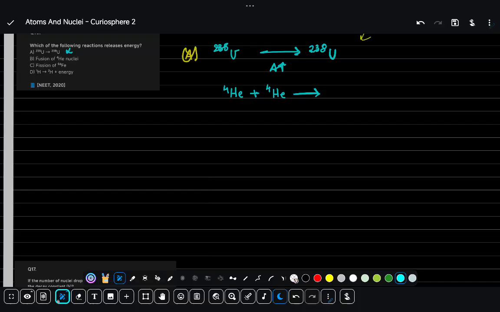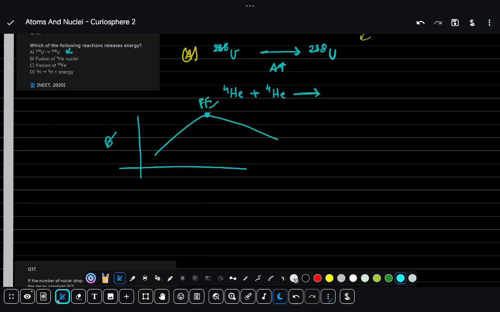Now, fission of Fe. You might think fission of Fe releases more energy because fission happens more readily, but no, not in the case of Fe. Do you know the binding energy chart? The binding energy per nucleon is maximum for Fe.